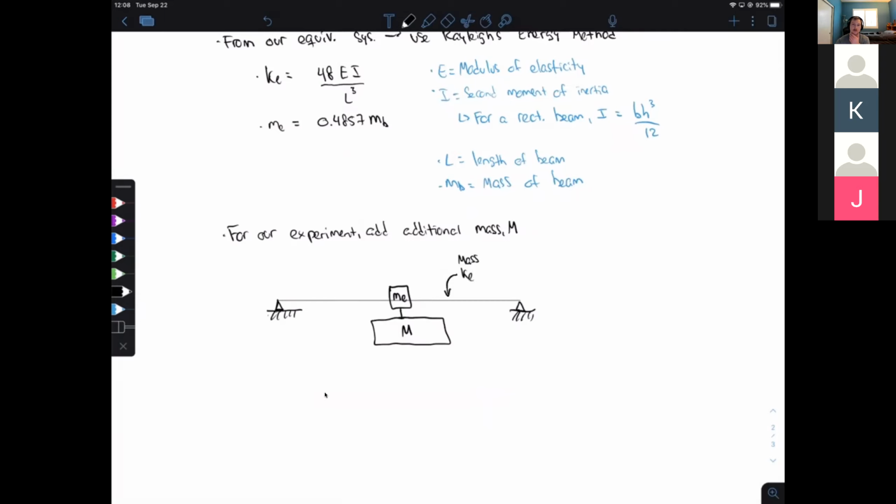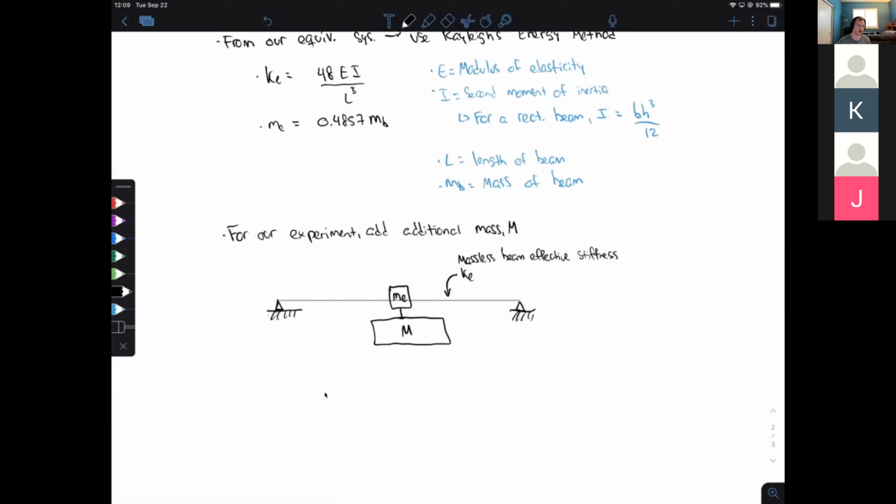And technically, this is also massless. So this model is also modeling this stiffness after a massless beam, but that's okay because we also have an effective mass of the beam, which is here in the center. So we are taking the mass of the beam into account.